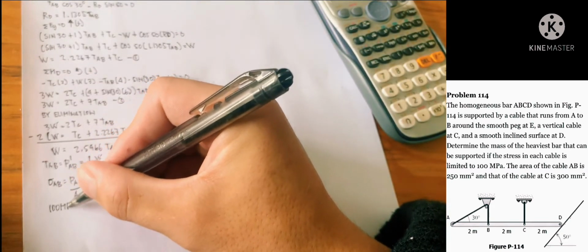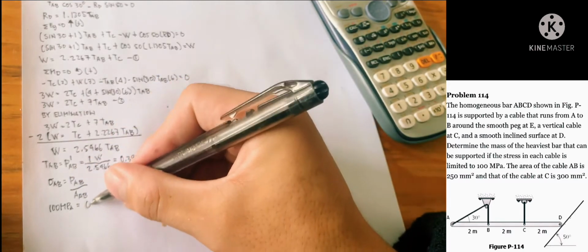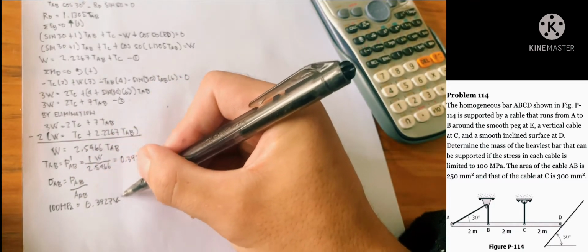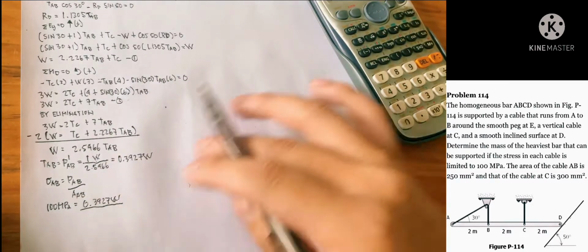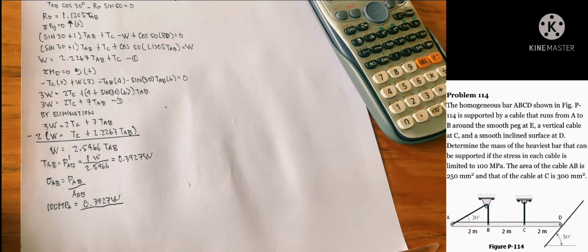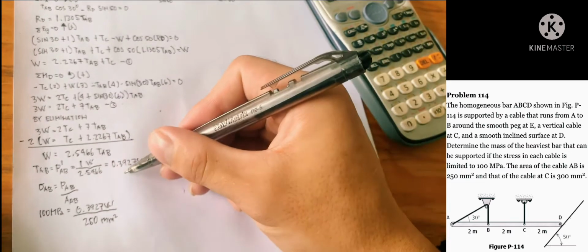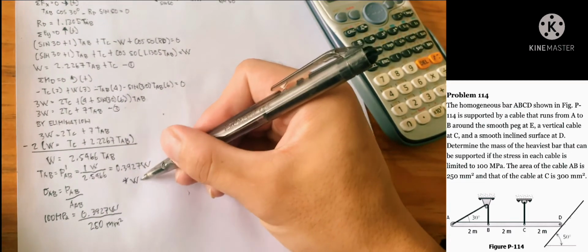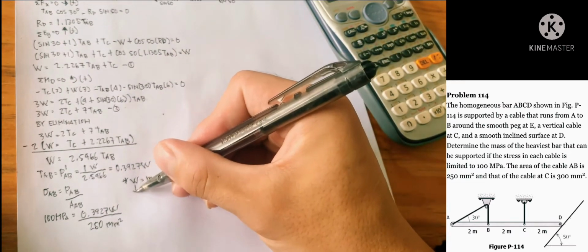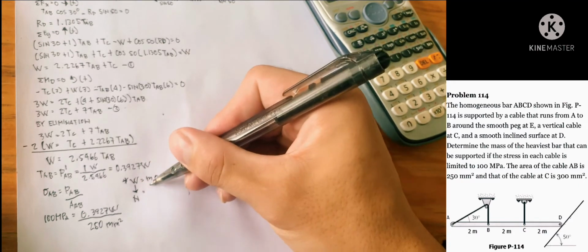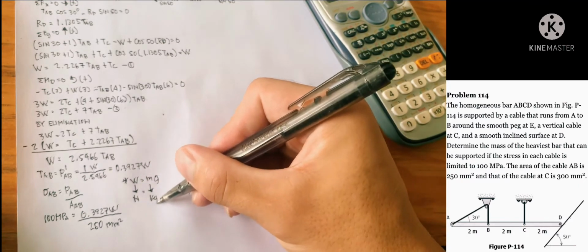That is why it is 1 over, so one weight is 2.5466 of TAB. That's why it is a ratio. If we try to think of it in another way, one weight is equal to 2.5466 TAB, tension at AB. That is the relationship.